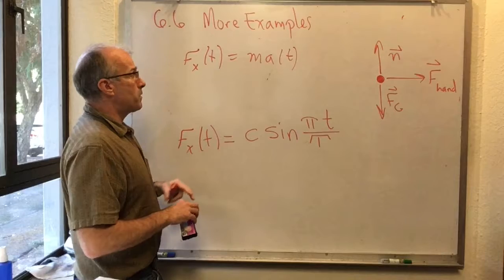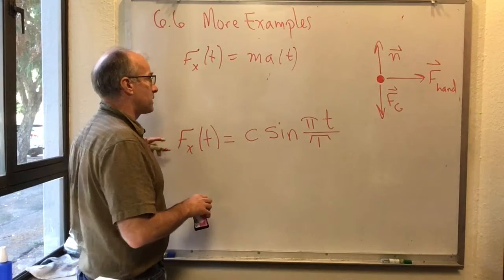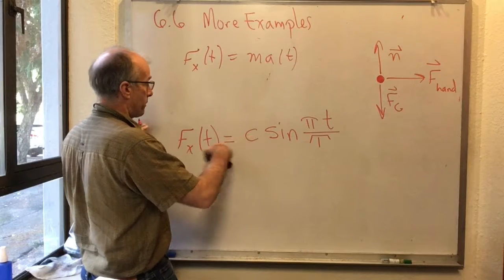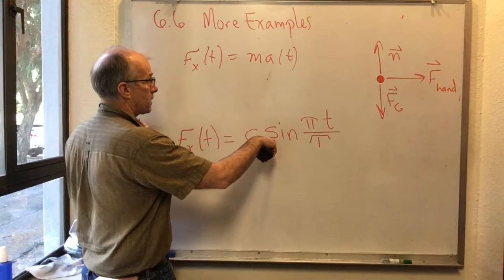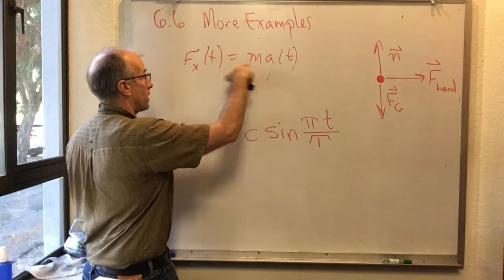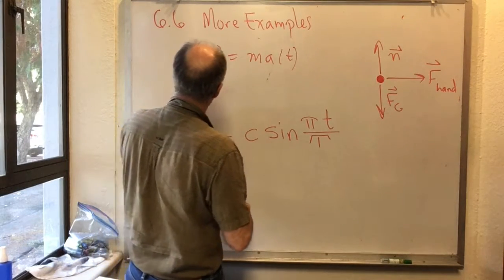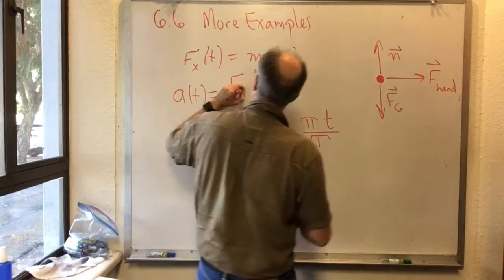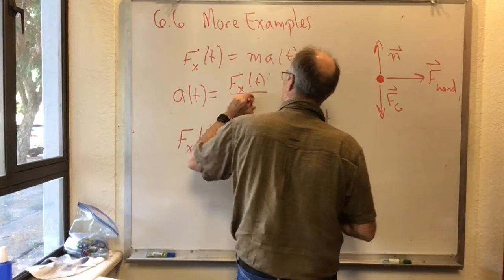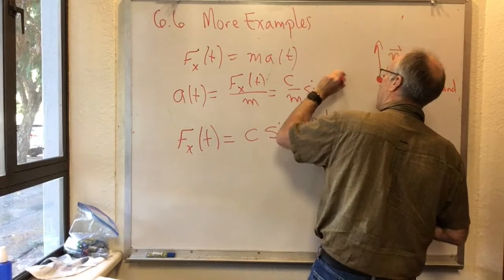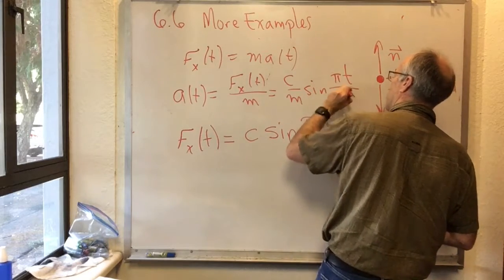In this problem, the acceleration a is variable. And now we can solve for it by plugging this into here and dividing through by m. We get that a of t is equal to Fx of t over m, which is equal to c over m sine of pi t over T.